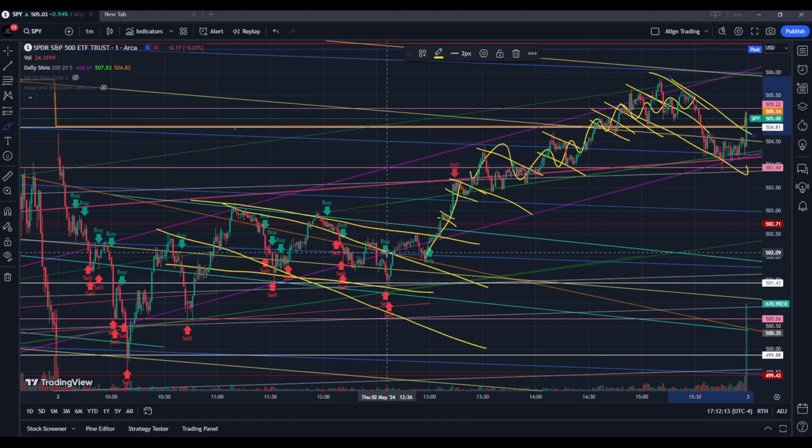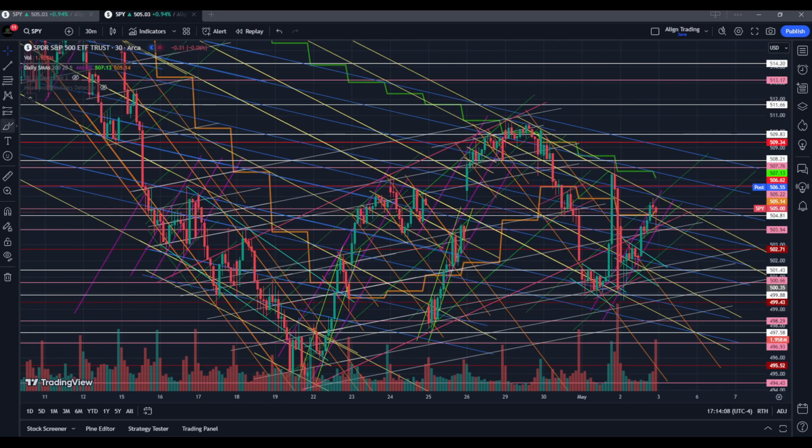We will watch tomorrow along with the 30-minute chart, which we are now going to go look at and explain what tomorrow looks like. For tomorrow, what we will be watching is these moving averages that we have right here at 505 and 507. So if these moving averages right here, if we form, you can see this head right here and all of this liquidity to maybe grab on this shoulder.